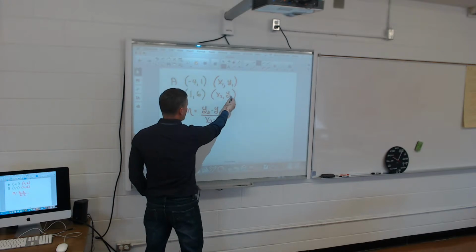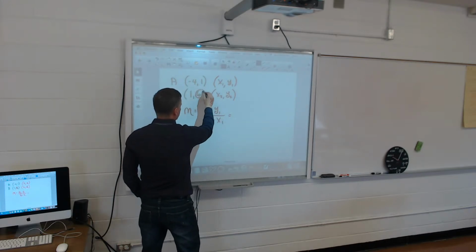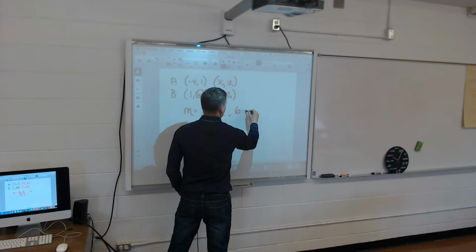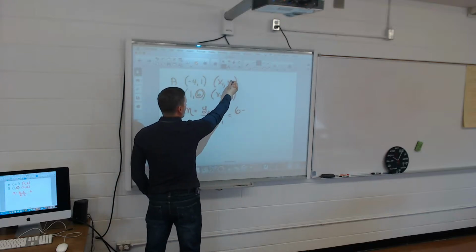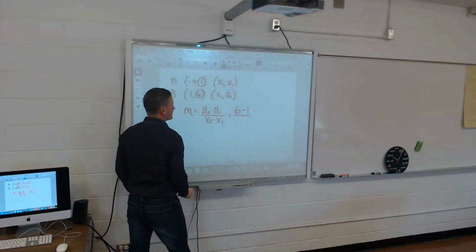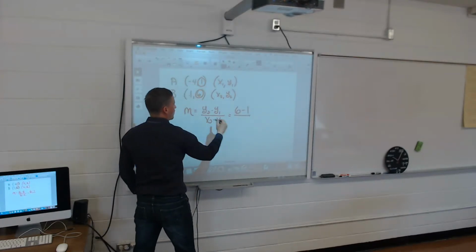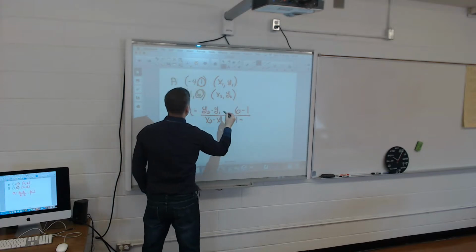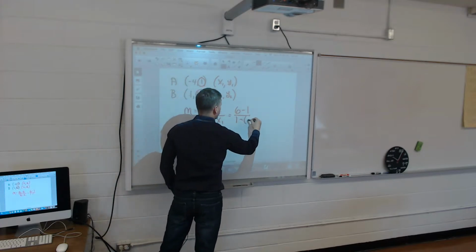So y2, that's right here. Well, that's 6. So I go 6, subtract my y1, that one right here, that is 1. So 6 subtract 1 over x2, which is 1, subtract negative 4.